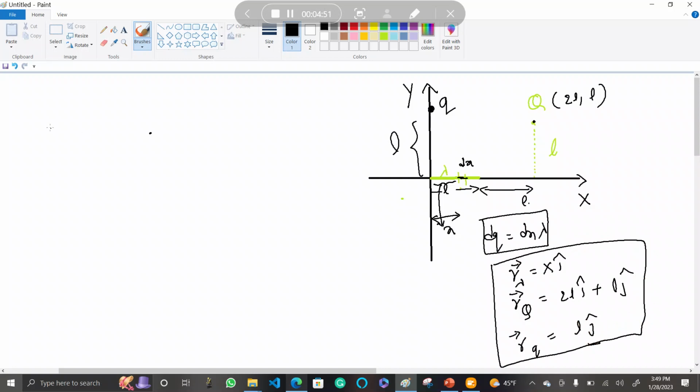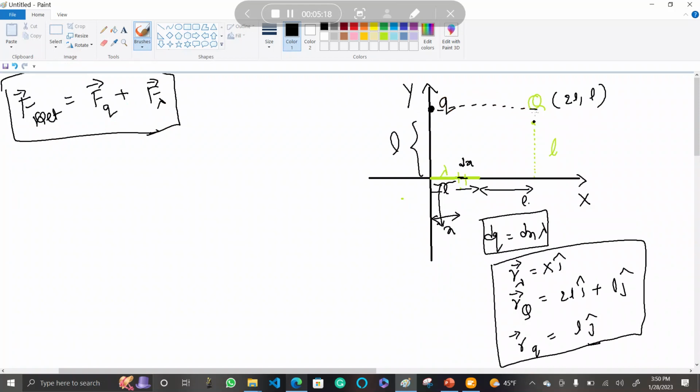Then, when we are interested in the net force on the charge Q, it is equal to the force on the charge Q because of small q, plus the force on the charge Q because of the lambda charge distribution. But we have already done this type of problem, how to calculate the force because of a small discrete charge, in our previous sets.